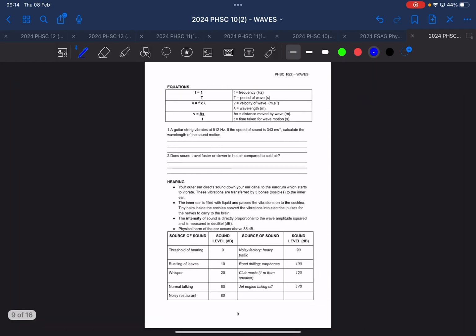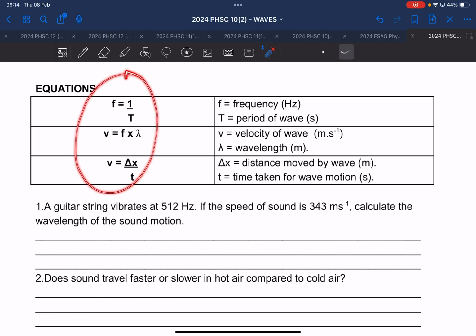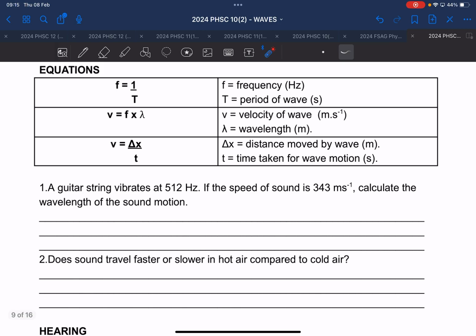Right, now we're going to do some calculations regarding sound. You can see there, it's exactly the same formulas that we just had, with all of the different symbols. Let's read the question. It says, a guitar string vibrates at 512 hertz.